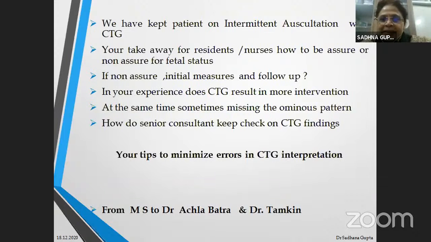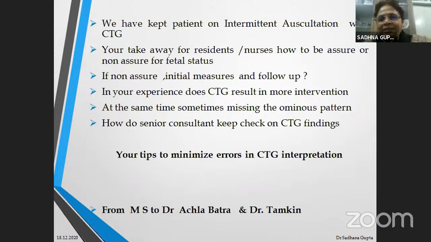CTG helps us pick up problems at the right time, so that there is no untoward hypoxia or acidosis. Individualization is the key, and leaning a little bit towards CTG is not going to harm anything.